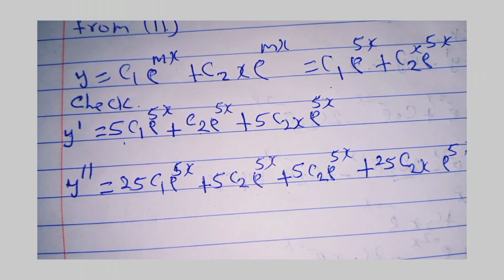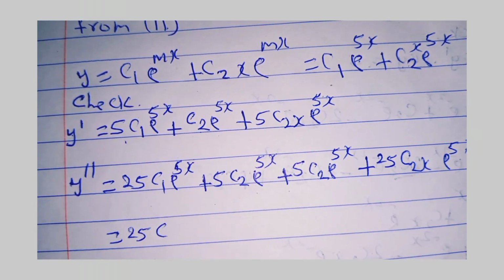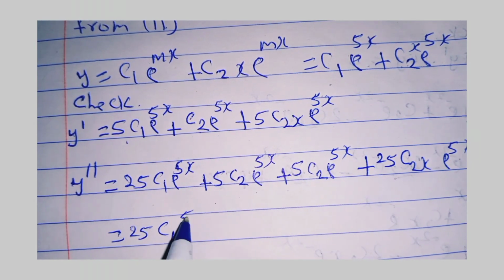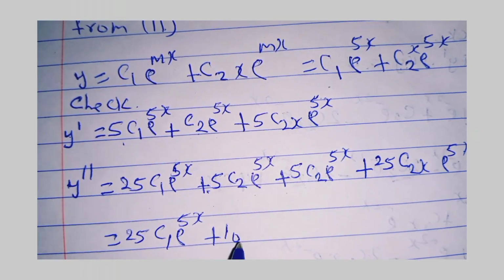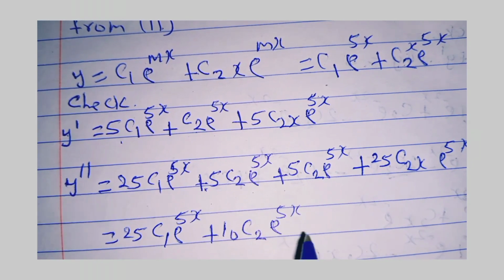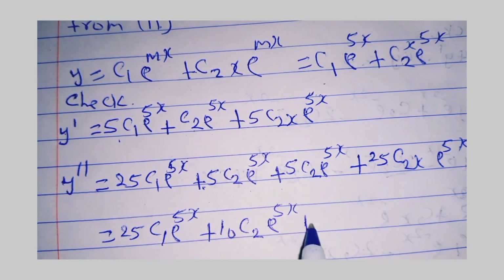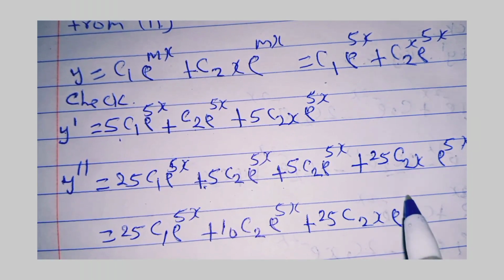This can be simplified to give you the following: 25 c1 exponential 5x plus, you have 5 and 5, which will give you 10 c2 exponential 5x plus 25 c2x exponential 5x.